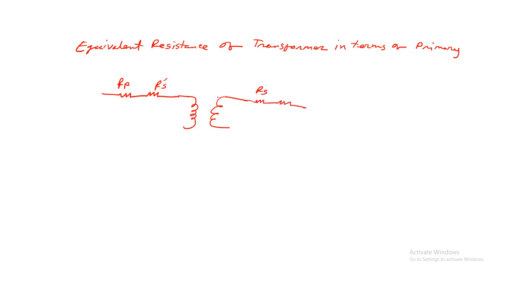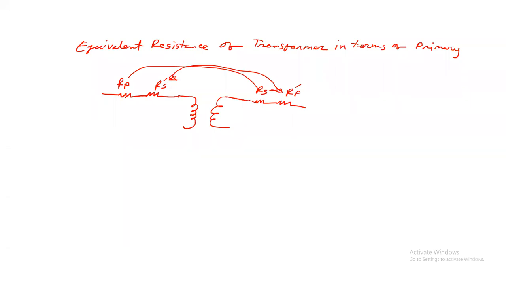This is the secondary resistance, and this resistance is in terms of secondary. This is the primary resistance, R_P prime. Okay, this secondary resistance transfers to this part, and this resistance transfers to this part. Okay, clear?